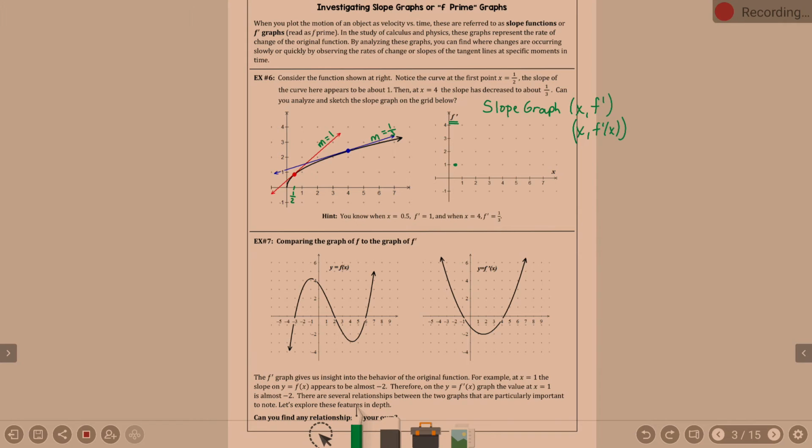Then this was when x equals 4. What was that first one we did? 1/2, comma 1, right? Now when x is 4, what's my slope going to be? 1/3. So at 4, my point is going to be at 1/3, because it's the x value, and this is a slope graph. This is a y prime graph, an f prime graph.